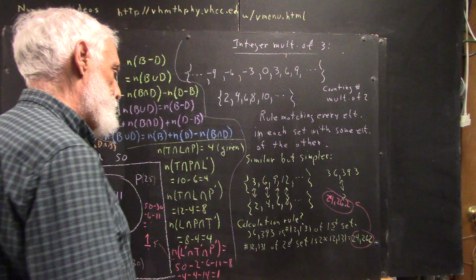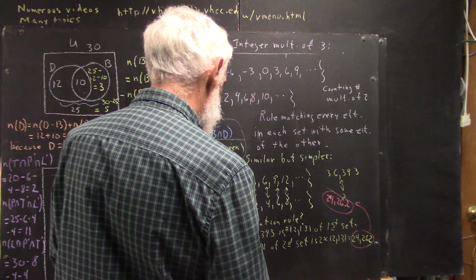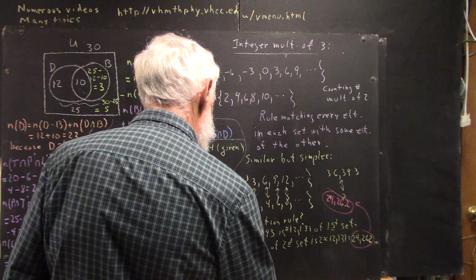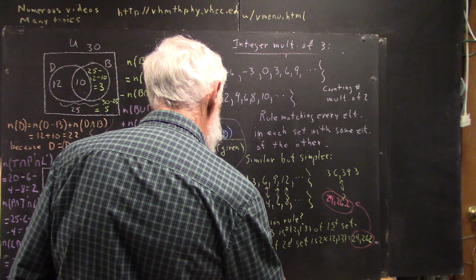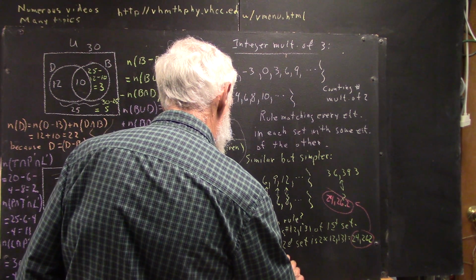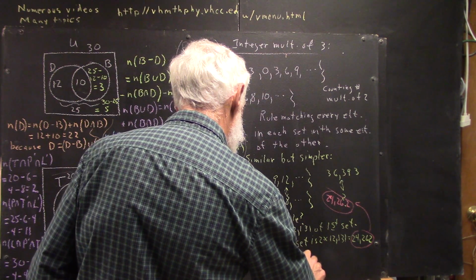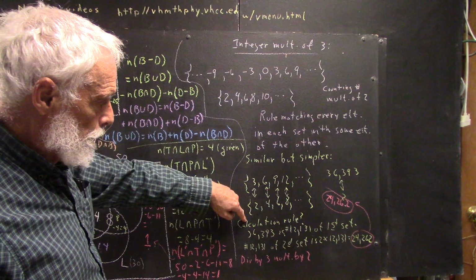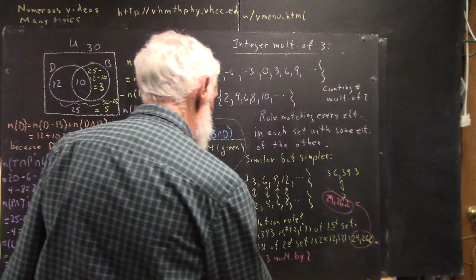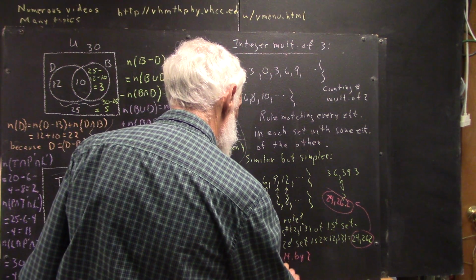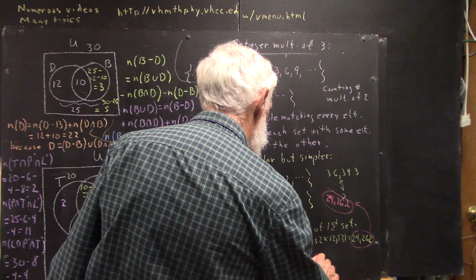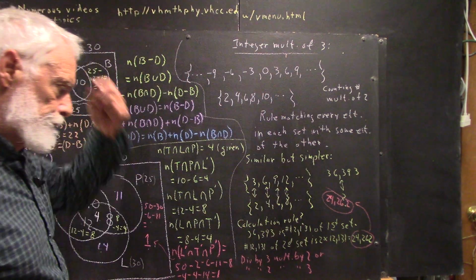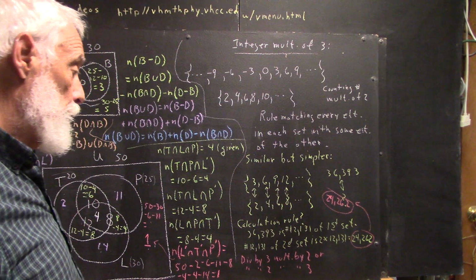So our rule is divide by 3 and multiply by 2 if we're trying to figure out what number here goes with up here, or divide by 2, multiply by 3. Now there are other ways to do it.